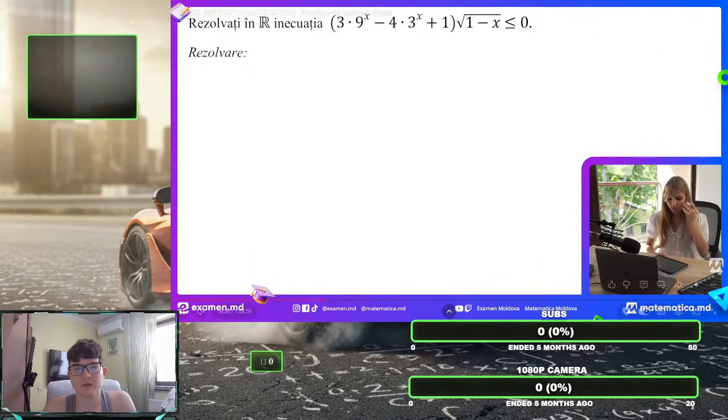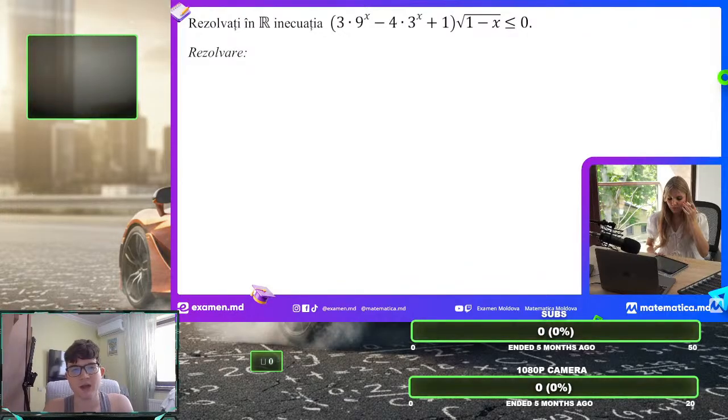Okay, now we got this longer inequation, but I think it should not be that hard thanks to the exponents being worked with right here. In terms of the DVA, I think we do the same thing: what's under the square root is bigger or equal to 0, and then the other stuff.